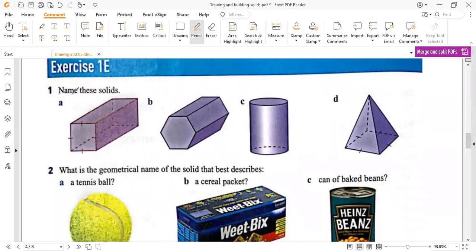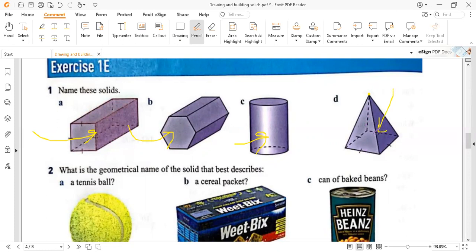For example, if they ask us to name these solids, first of all, it is a rectangular prism. This one is also a prism, but it is a hexagonal prism, because the identical front and back faces have a hexagonal form. This one is the cylinder. Here, where the triangles meet at one vertex, it is a pyramid.